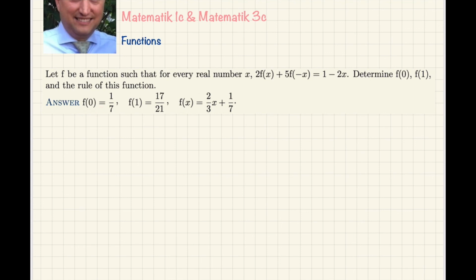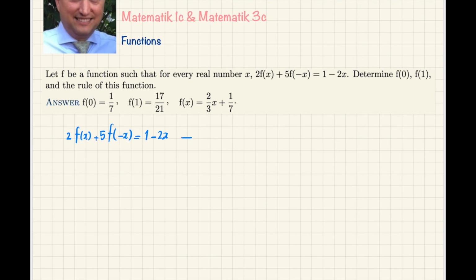So I would say that this equation, 2 times f of x plus 5 times f of minus x equals 1 minus 2x, is given to me for all possible choices of x, including if I choose x equal to 0.